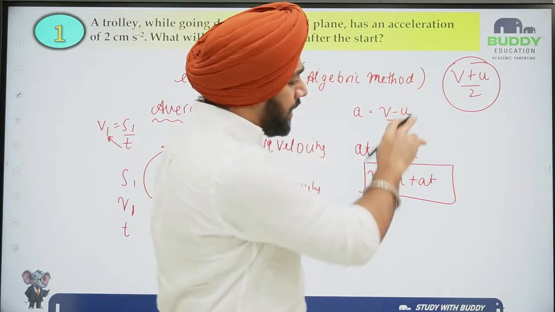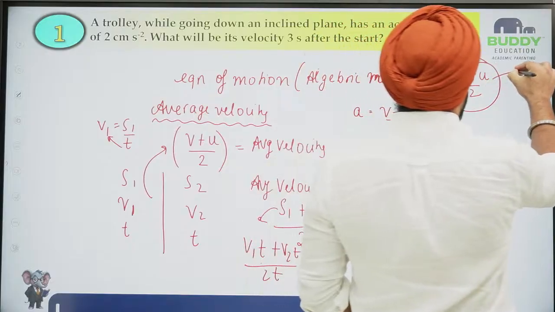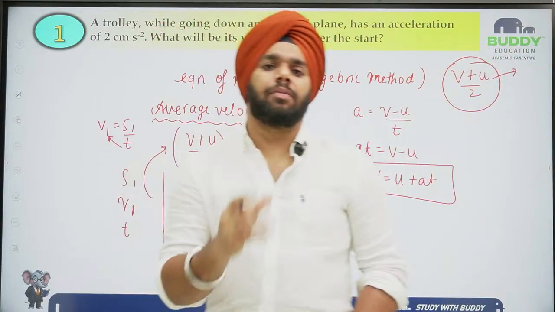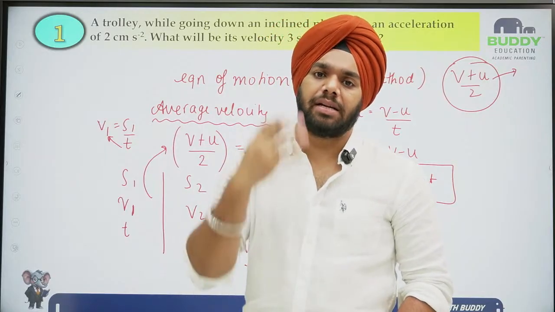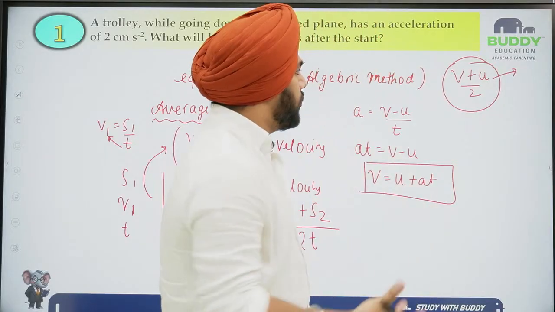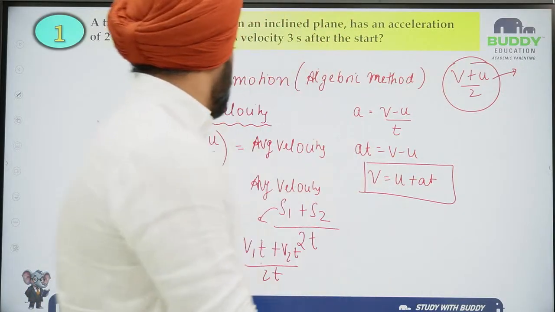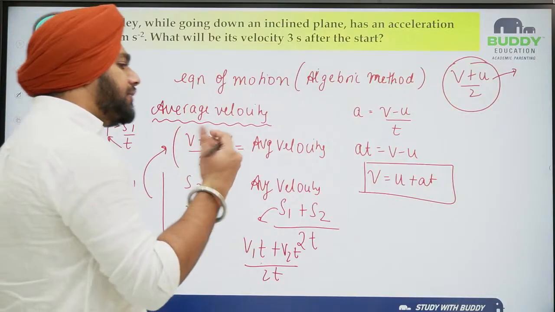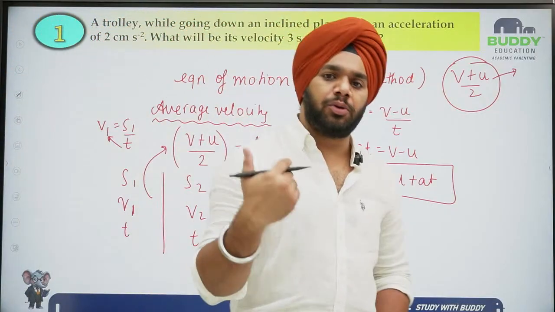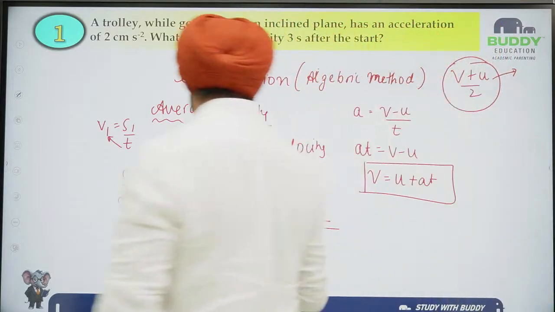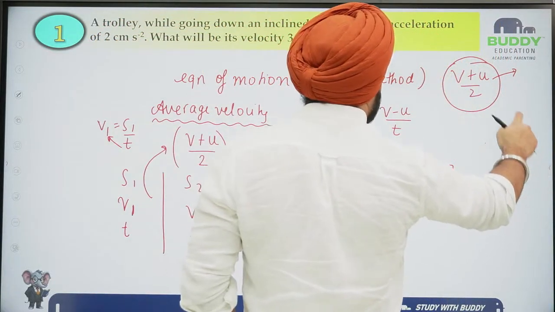So V plus U by 2, remember this is at a particular case when the time interval is same. When the time interval is same, only in that case you can write the formula for average velocity as V plus U by 2. Now, because I have to find out the second equation of motion, I am using this. So take a look now.